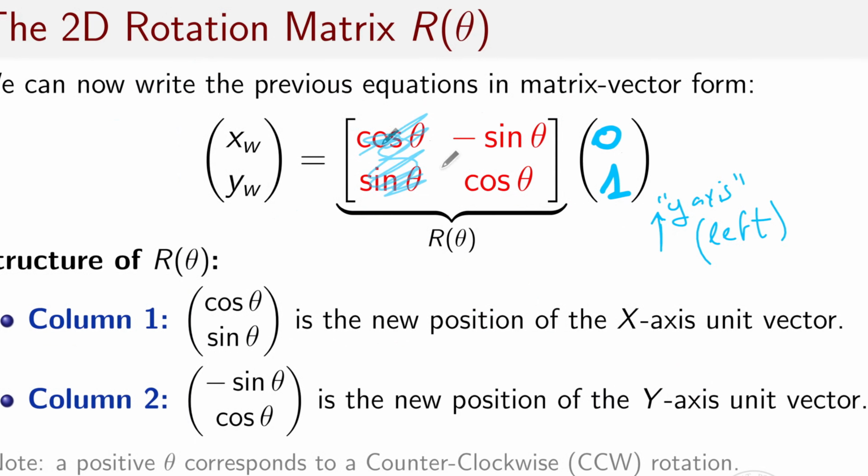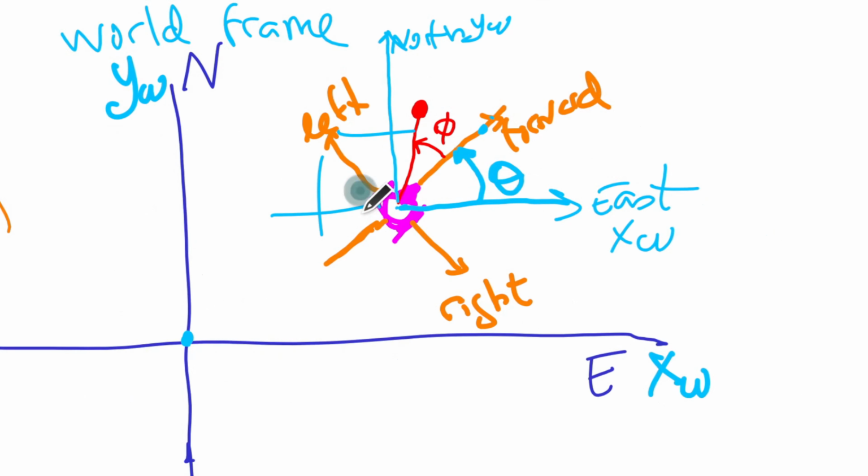And indeed, this column will be multiplied by 0, and then this is the new x world coordinate and y world coordinate of the left direction in the robot internal sensor frame.